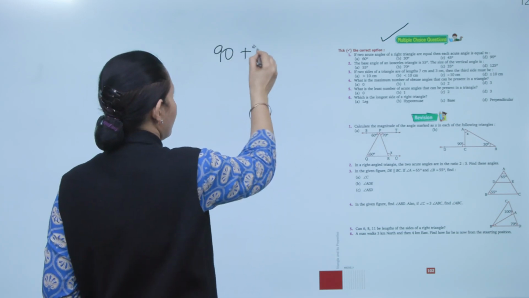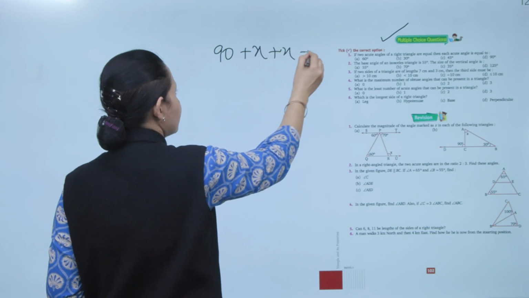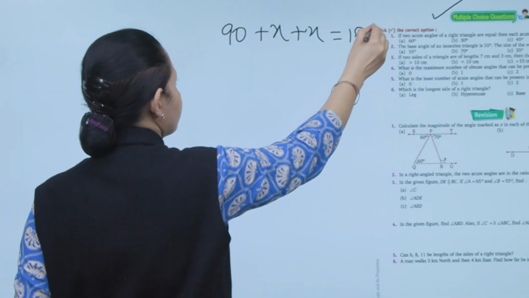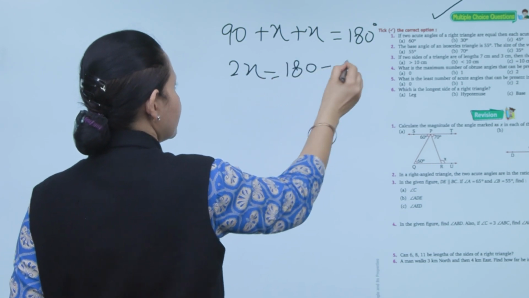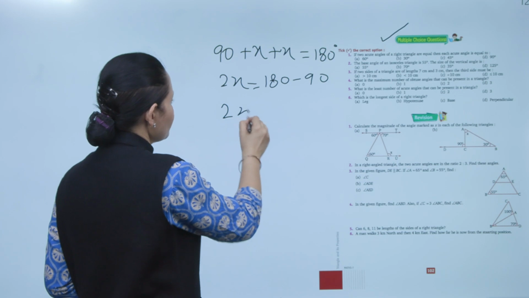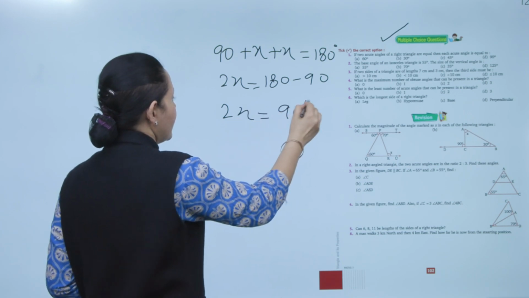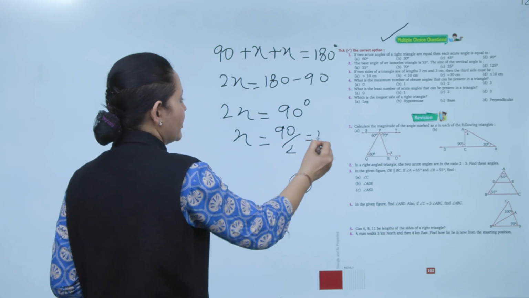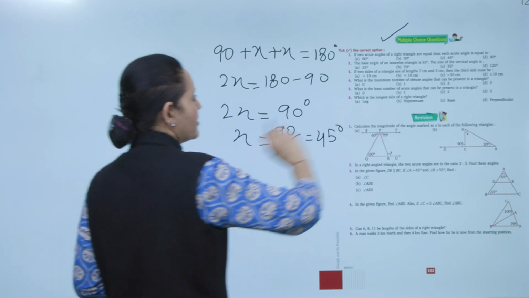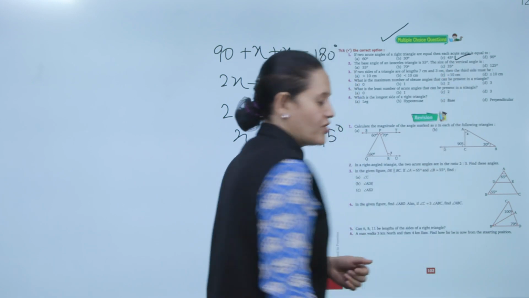Suppose they are x. So, 90 plus 2x equals 180 degrees. So, 2x equals 180 minus 90. So, 2x equals हो जाएगा 90 degrees. x equals 90 upon 2, that is 45 degrees. So, answer C is the correct option.